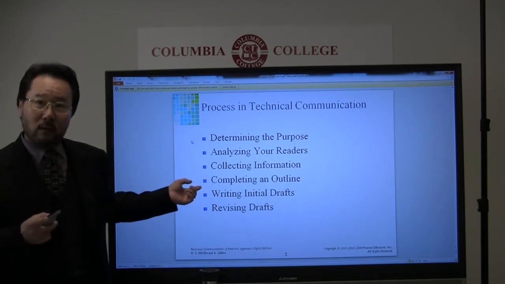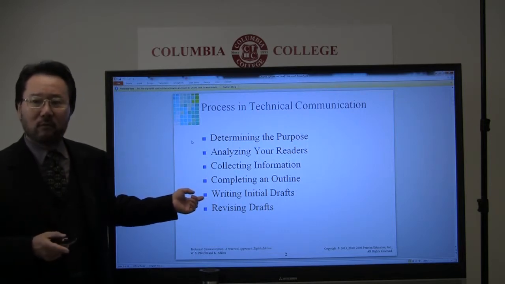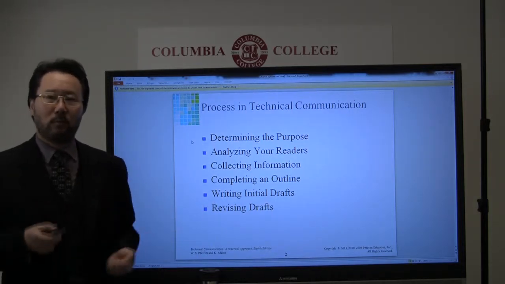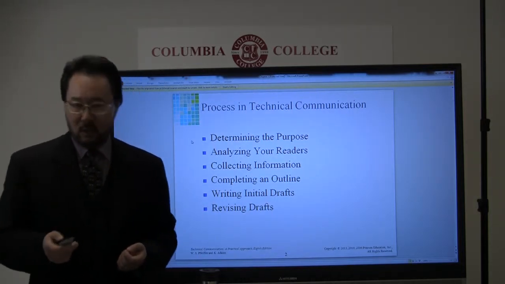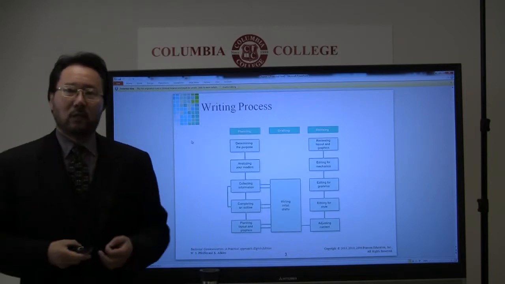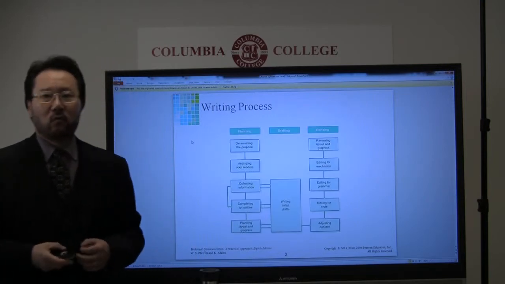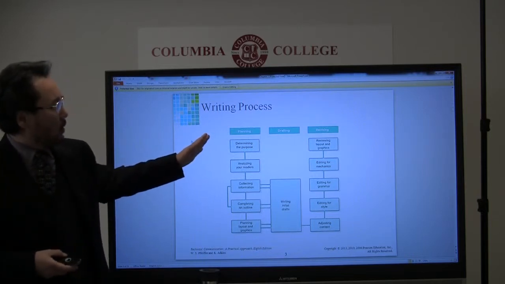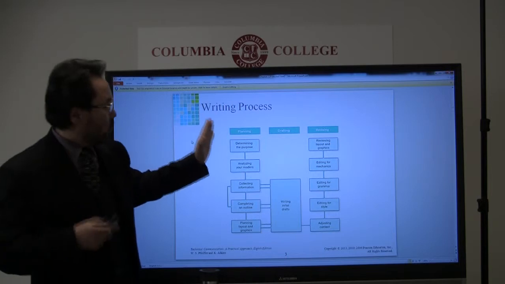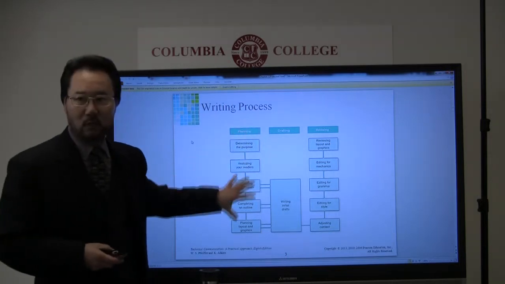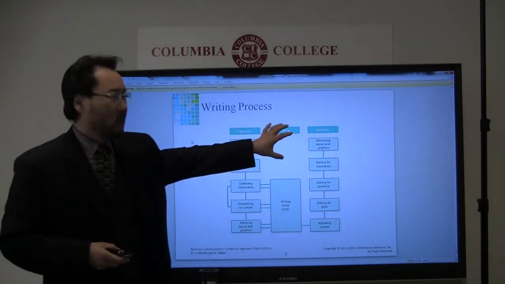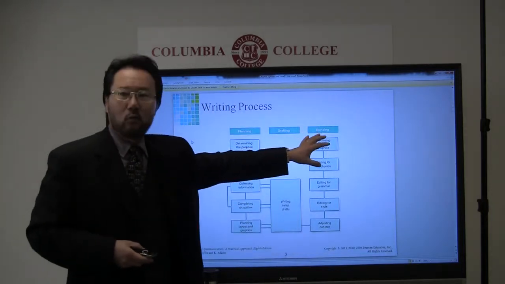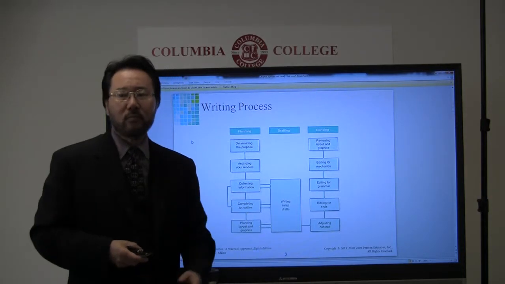Then once we make the outline, we write the initial draft. Then after that, revising the draft. Now this diagram we reviewed in chapter 1, and the writing process is: first part is planning, second part is drafting, third part is revising.